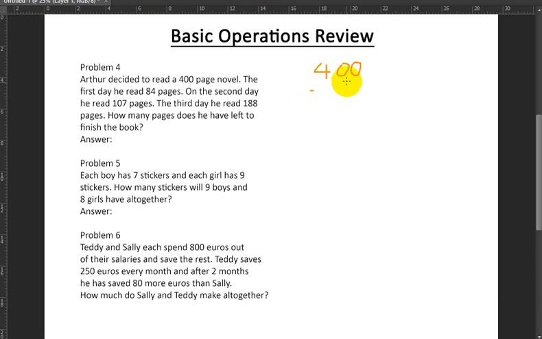So I need to do 400 take away 84. And then whatever I find, I'm going to subtract 107. And then whatever I find, I'm going to subtract, what's the final number? 188. So here, if I do the subtraction, you can do it on your own a little slower. What I'm going to find is 316. So I'm going to do 316 minus 107.